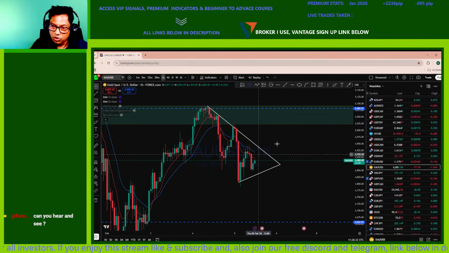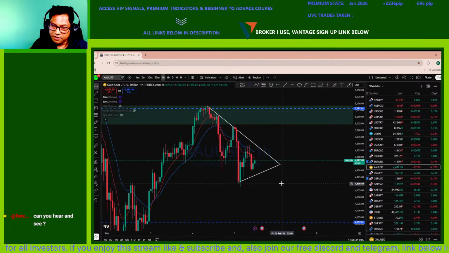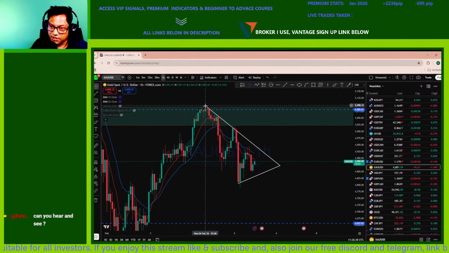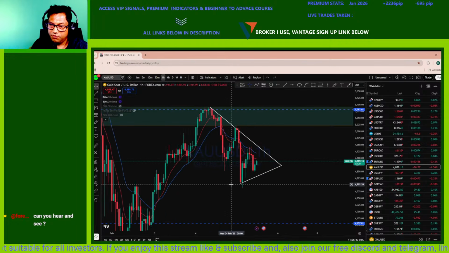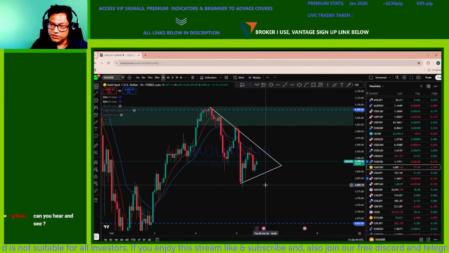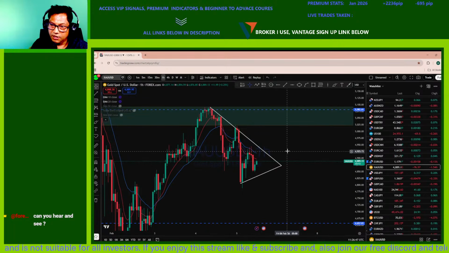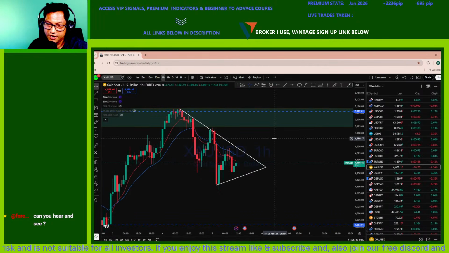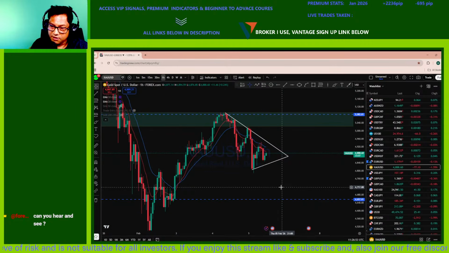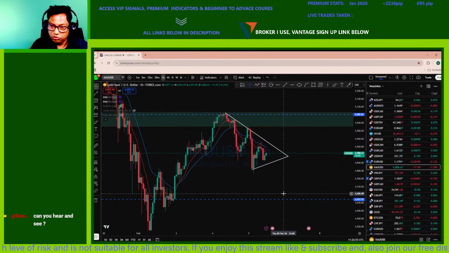It's a triangular pattern in that area, and with this triangular pattern, the market is maintaining that series of higher lows, lower highs and higher lows. In this triangular pattern, the market may break below here, which we could see in that area.